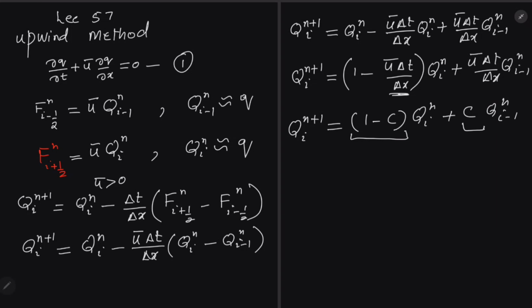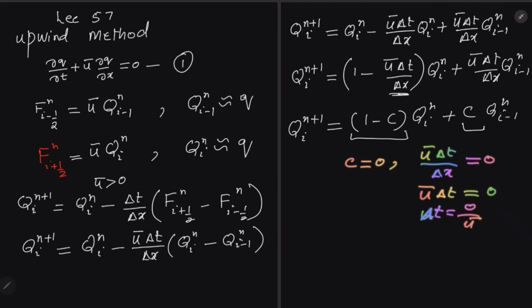So there are two possibilities. When C is 0, it means that U bar delta T by delta X is equal to 0. Then we have U bar delta T is equal to 0. Then either you can say delta T is 0, which means that there is no step, or you may say that U bar is equal to 0.